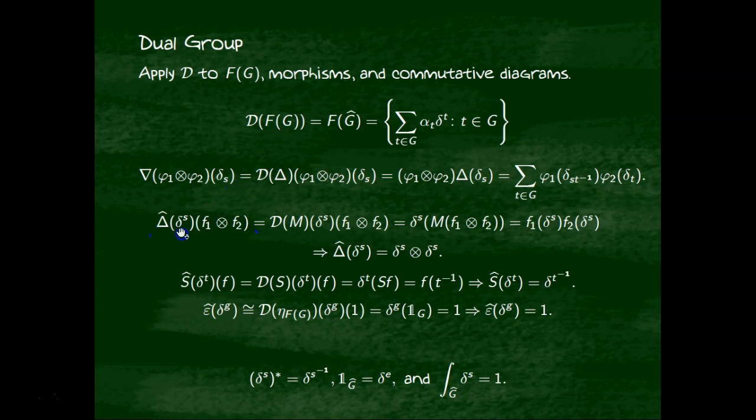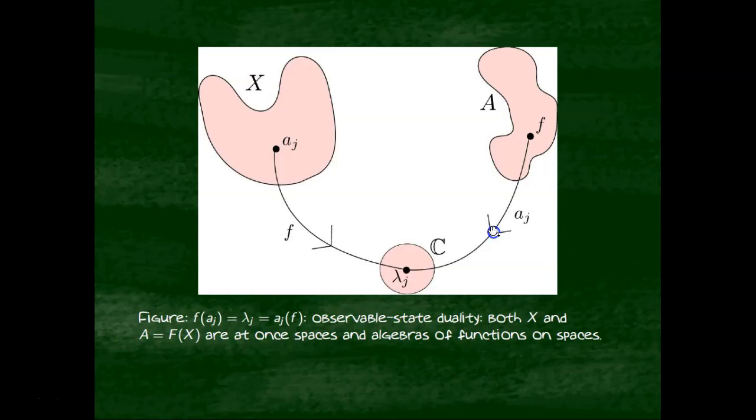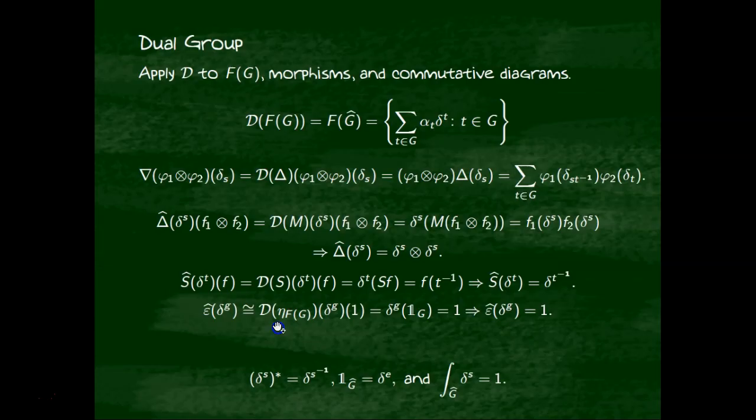So let's see how it works. The dual co-multiplication should apply the dual to the pointwise multiplication, which means do the transpose. So do the multiplication in here, that means multiply f1 and f2 together. So we're going to get delta s applied to f1 f2, and then we use this little duality to say that that's the same as f1(delta s) f2(delta s).